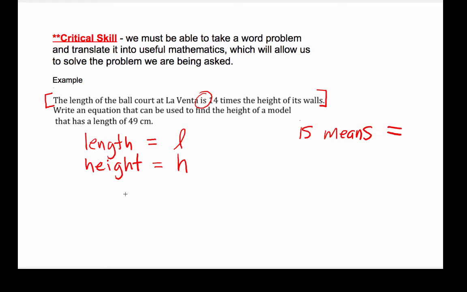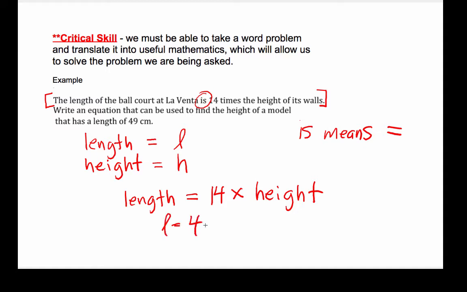Well, the sentence tells us that the length equals, or it says is, so we'll put equals 14 times the height of the walls. So in words, there's the relationship. The length equals or is 14 times the height. Well, we don't want words in an equation, we want variables. So this is where assigning variables for these values comes in handy. L equals 14H. That's our equation. That's our relationship.